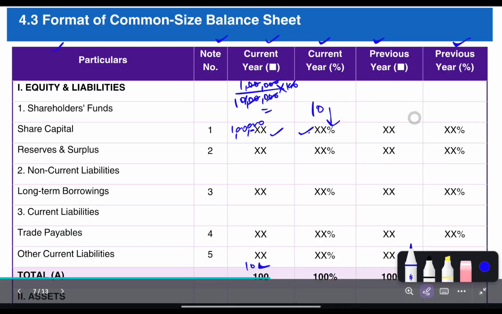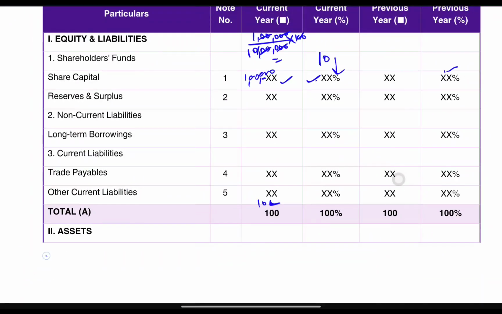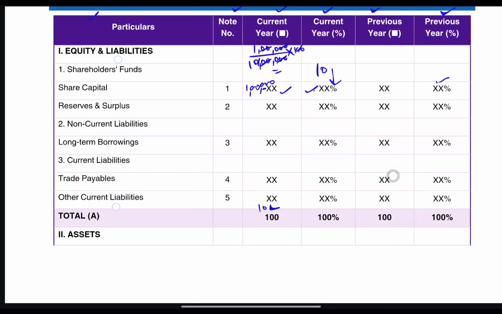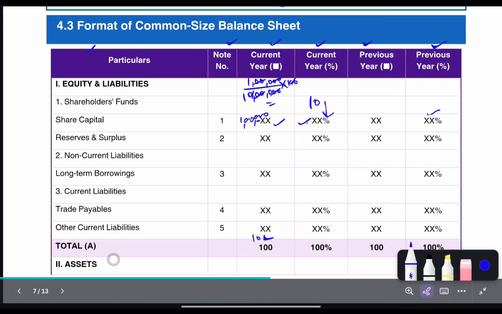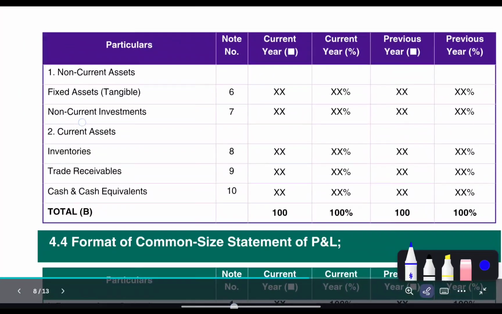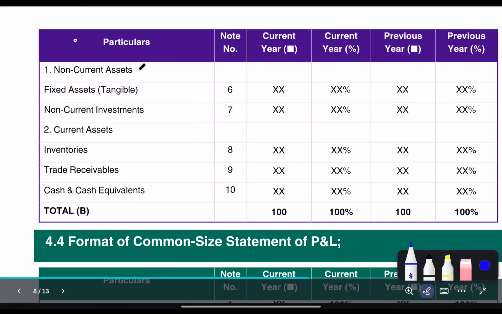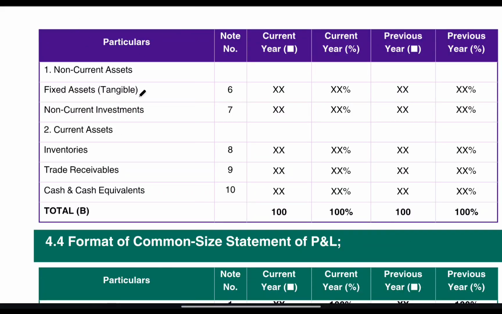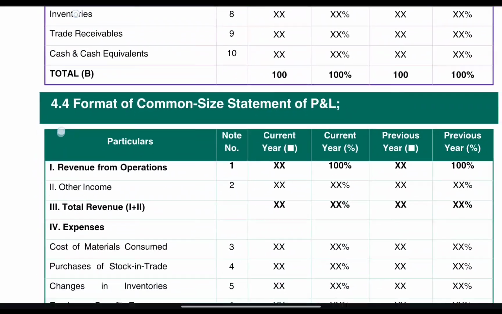Same with previous year figures, and convert those figures into percentages also. And the base we will take is total assets and total liabilities. Got it? Here are non-current assets, non-current tangible and intangible. Same, you will convert these into percentages and write here.